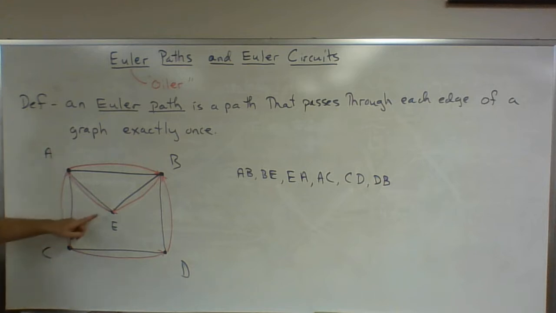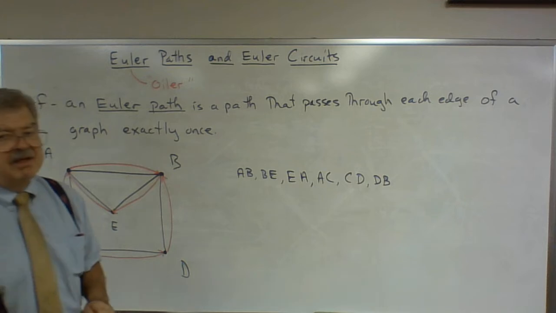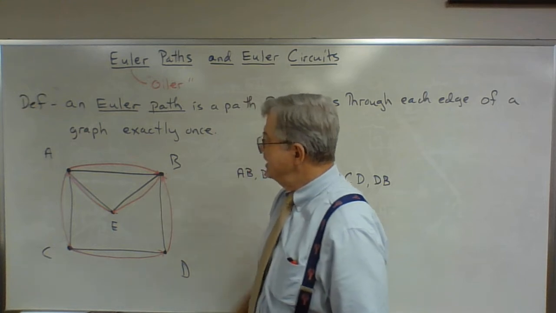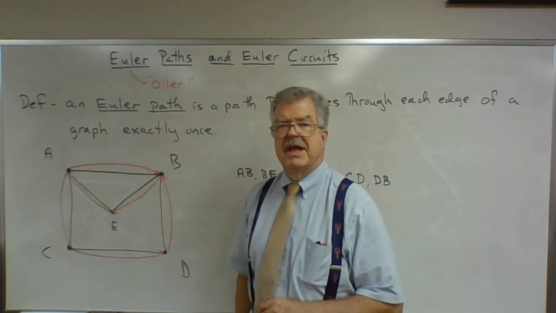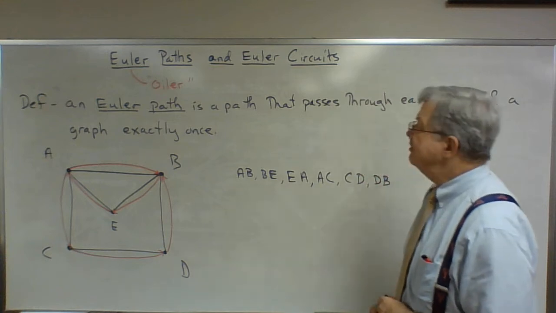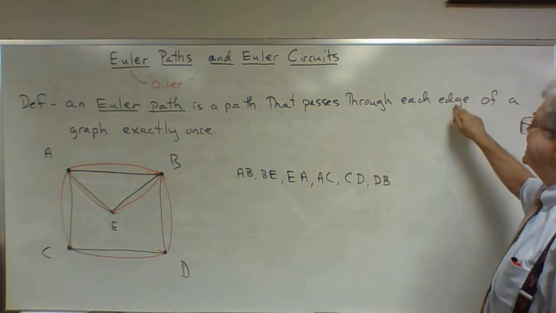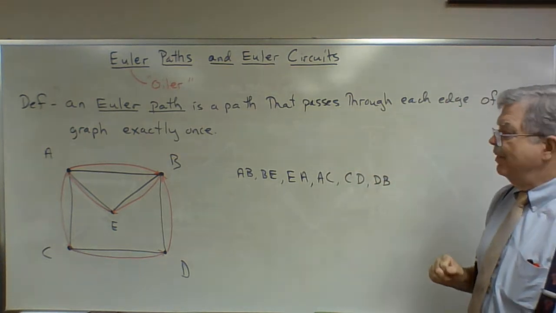Now you might say, oh, you started at A, and then you came back to A, so you hit vertex A twice. And you went to B, you came out of B, and then you ended up back at B. You entered vertex A twice and you entered vertex B twice. That's okay. All this says is that the path passes through each edge exactly once.